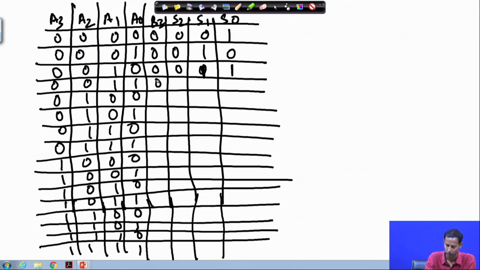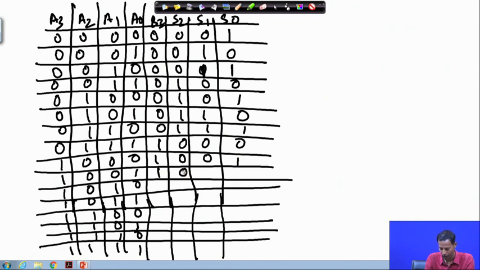Okay. So for 0 it is 1, for 1 it is 2, for 3 it will be 4, for 4 it will be 5, for 5 it will be 6, for 6 it will be 7, for 7 it will be 8, for 8 it will be 9, for 9 it will be 10, then 11, 12, 13, 14, 15 and then 16.